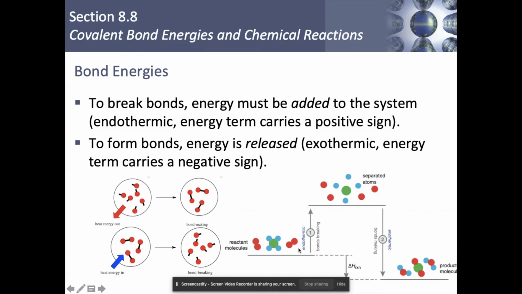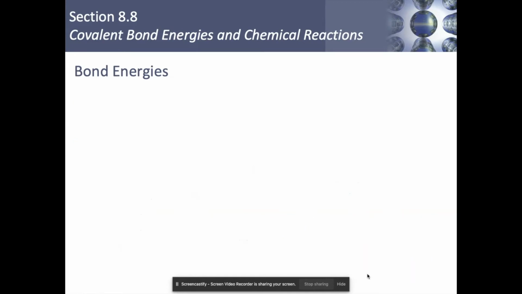So when I do that, I apply energy. When I apply energy, they're now all separated. Now that I've separated them, they're going to reassemble into different molecules, and that is going to release energy. Okay? And yes, the difference between the reactants and the products, that is called the change in enthalpy of the reaction. But again, we already talked about that in thermo.